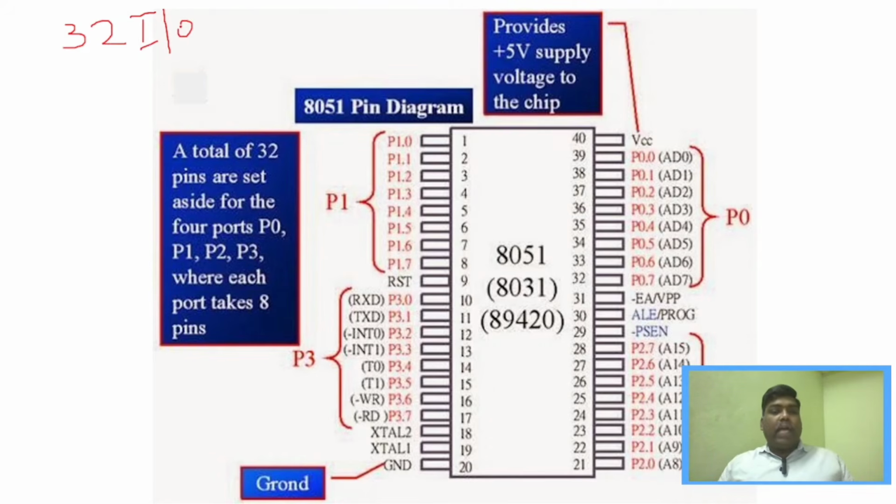That is, you have 4 different ports, P0, P1, P2 and P3. You can see those here. And out of these 32, 24 pins will be dual purpose pins.